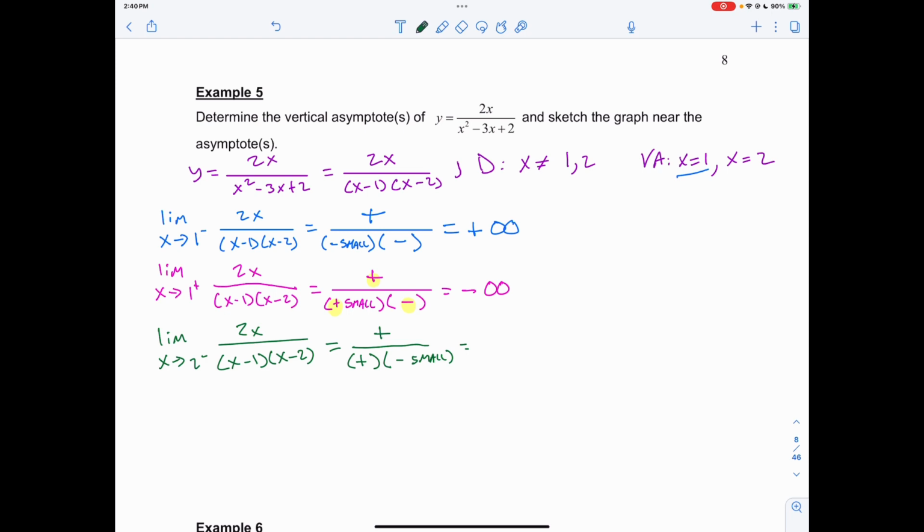And we can see that this is also going to approach infinity, and because I have a positive, positive, and negative, it's going to approach negative infinity.